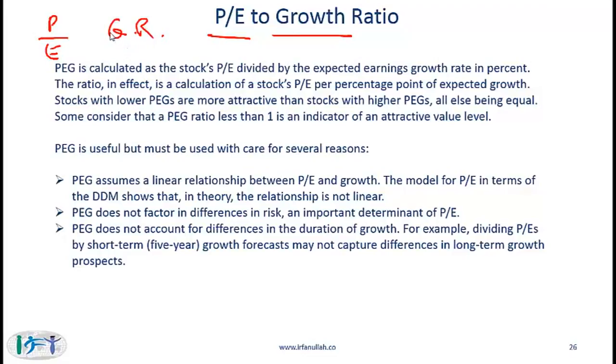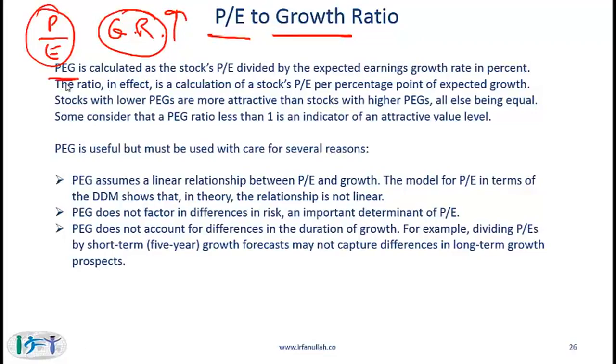So he suggested that, all else equal and simplistically put, if the growth rate is high relative to the PE, then generally those stocks are good buys. Obviously there's a lot more, but he gave the simple piece of advice. Now he didn't use the term PEG ratio, but effectively that's what he was talking about.